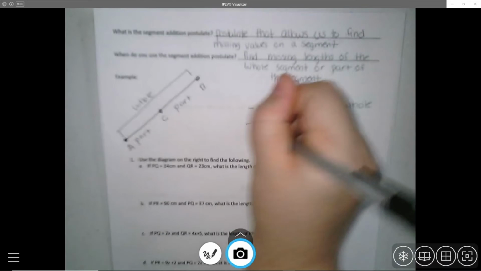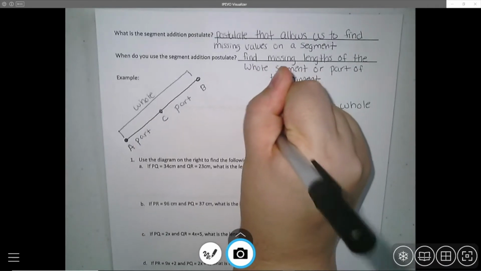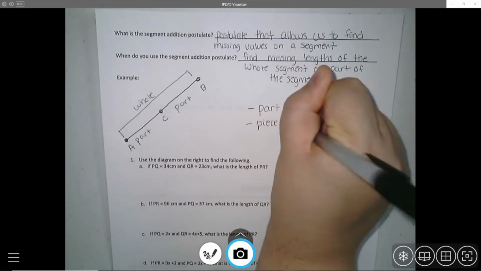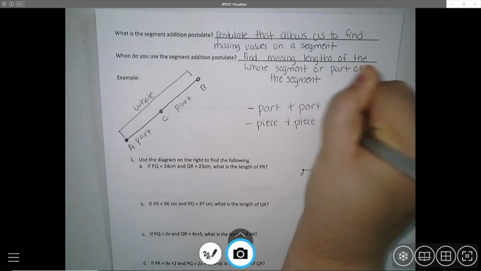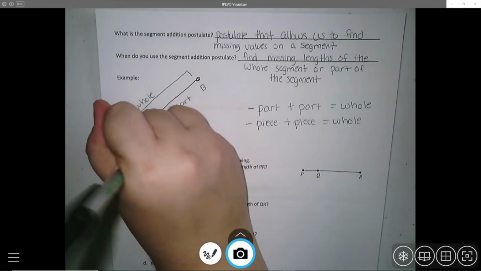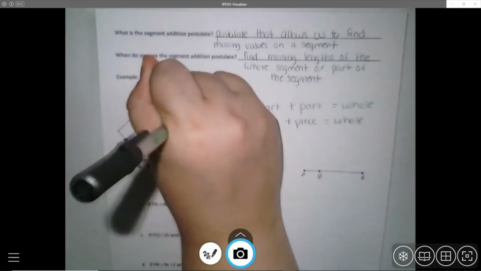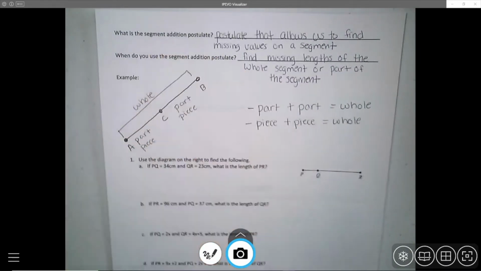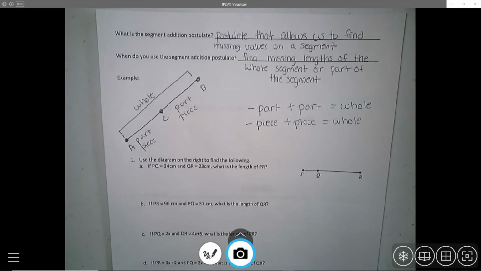Another way I sometimes denote it is piece plus piece equals the whole. These parts are also known as pieces. If I take a piece plus a piece, it gives me the whole thing.